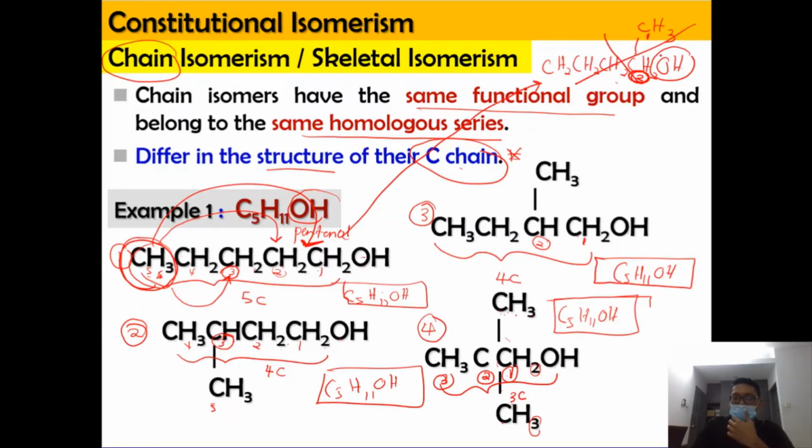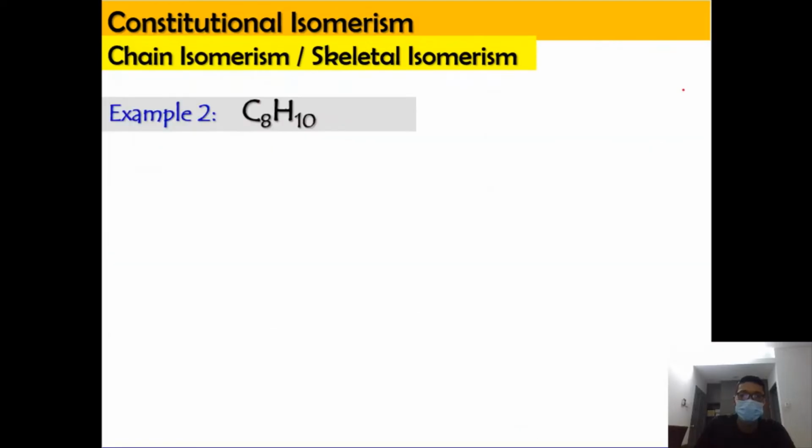In order to further understand this, we're going to look into positional isomers. But for chain isomers, this is not accepted. So let's move on first, and we're going to look at it again in positional isomers.